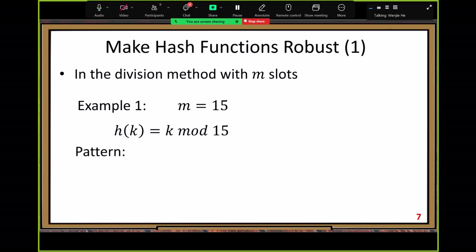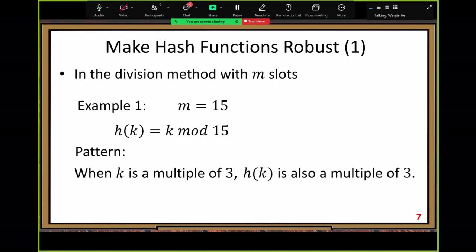Now if our data has this pattern, our key values are multiples of 3, then its performance is very poor.